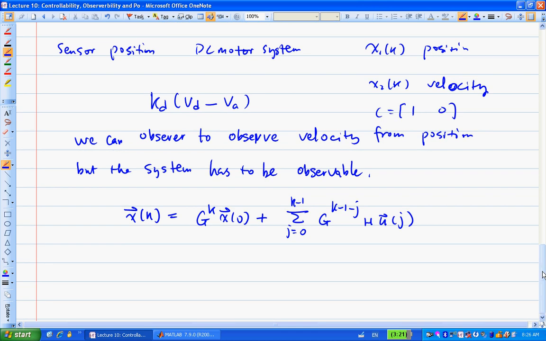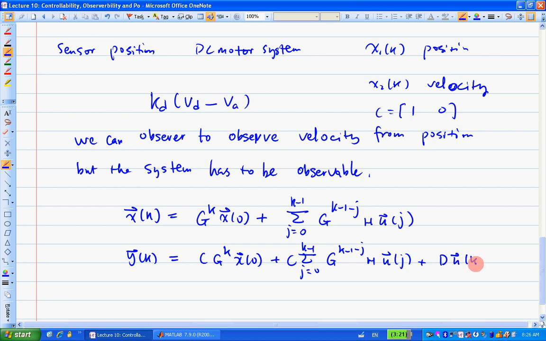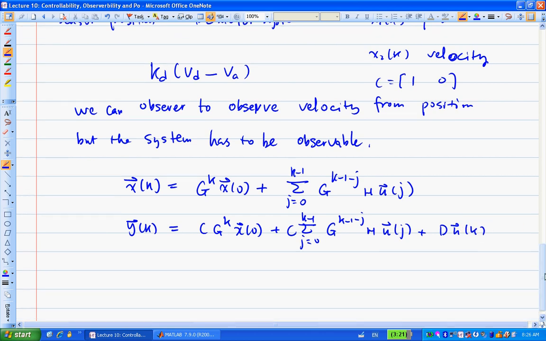So this is the solution. And y of k will be C multiplied by that, and then C multiplied by this chunk here, and then plus D u of k.